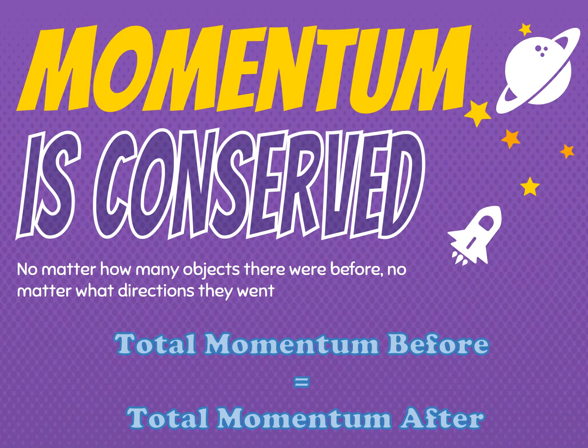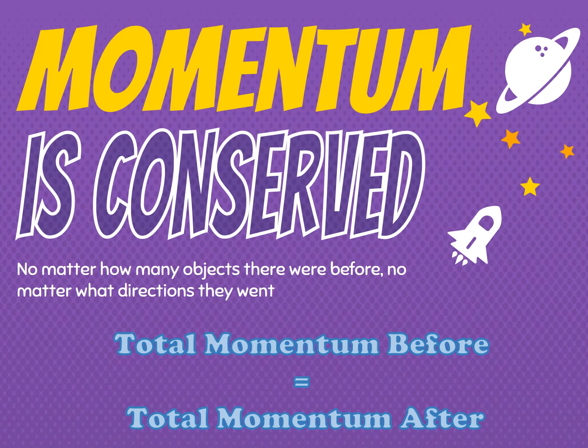Or we could also have conservation of energy. Energy can transfer between one object and another object, or it can transfer between forms, like between kinetic energy and potential energy. But the total amount of energy before and after should be the same.